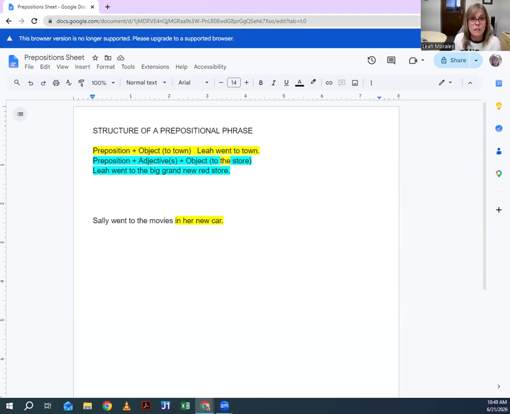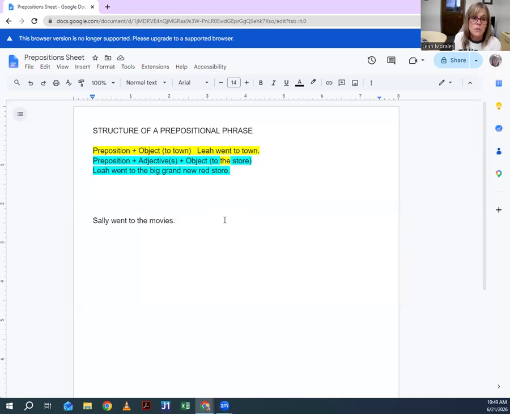It's still a true sentence. It is still a complete thought, okay? Prepositional phrases are always modifiers. They can come out, okay? You could take that out completely and just say, Sally went to the movies, right? It's still a sentence. You don't have to know that she went in her new car. It's not necessary to complete the thought, okay?